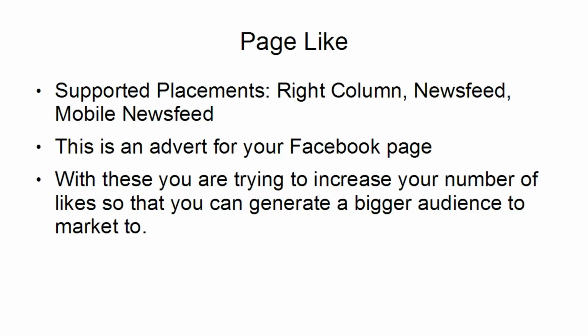And this is really part of a long-term strategy. You're probably not going to make any direct sales from this sort of thing, but you are going to get more people to like your page, you're going to get more fans, and you're going to grow your audience slowly over time. So it's something to plan for the long term.